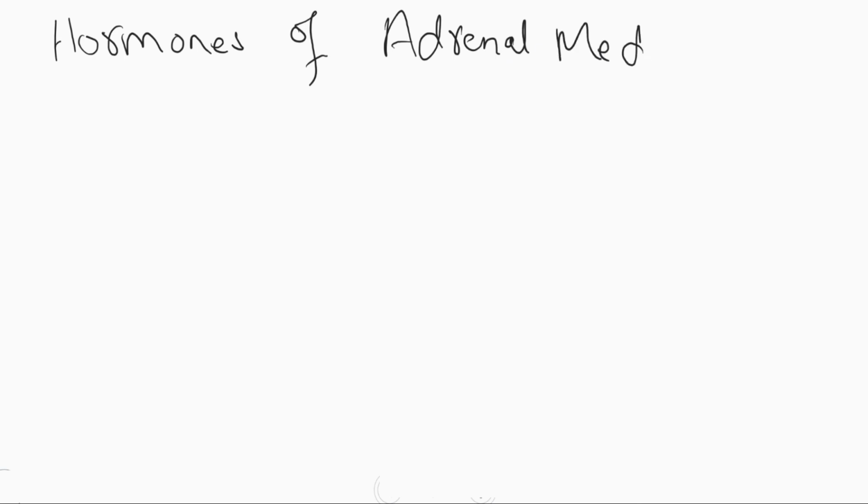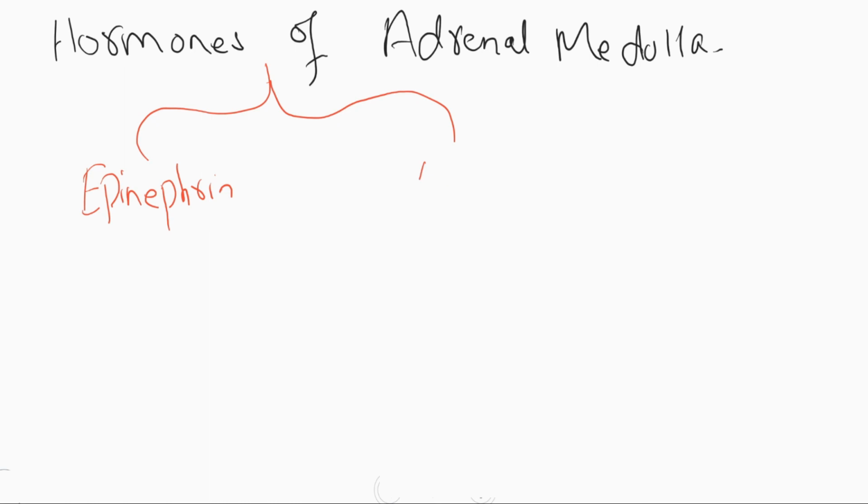Now the hormones of the adrenal medulla. The adrenal medulla secretes two types of hormones, epinephrine and norepinephrine.